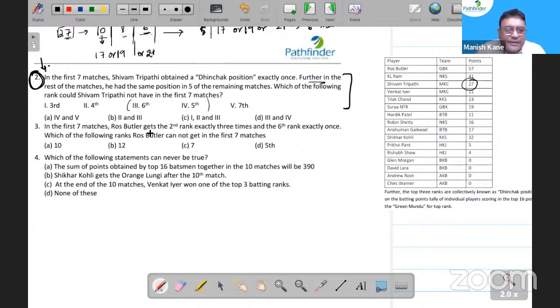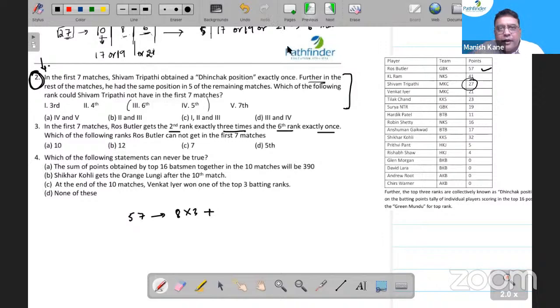In the first 7 matches, Ross Butler gets 2nd rank exactly 3 times and 6th rank exactly once. In the first 7 matches, Ross Butler has a score of 57. Out of 57, he gets 2nd rank exactly 3 times. So that makes it 24 points. And rank 6th means how many points?